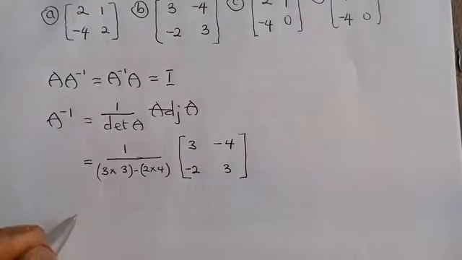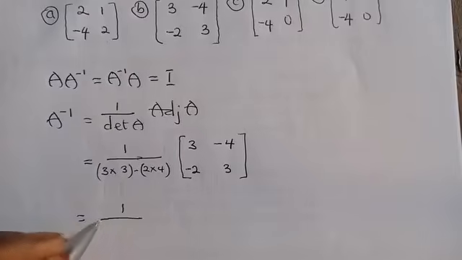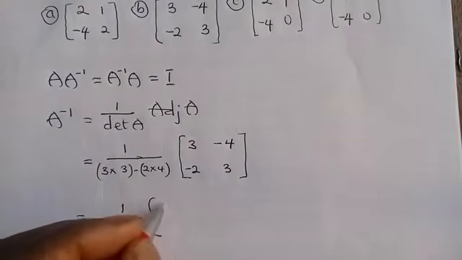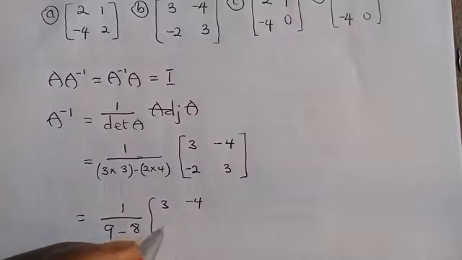This is equal to 1 over 3 times 3, we have 9. 2 times 4, we have 8. Multiplied by 3, -4, -2 and 3.